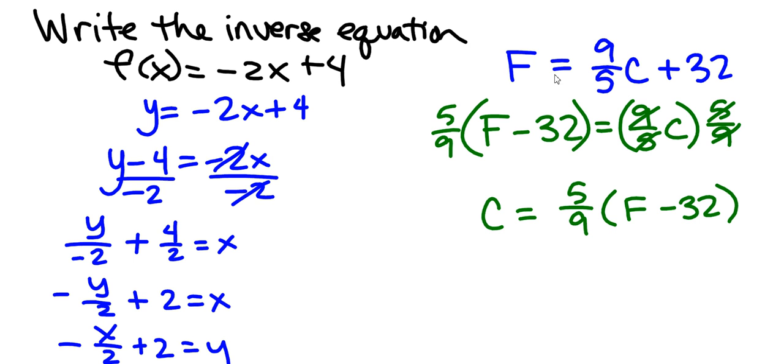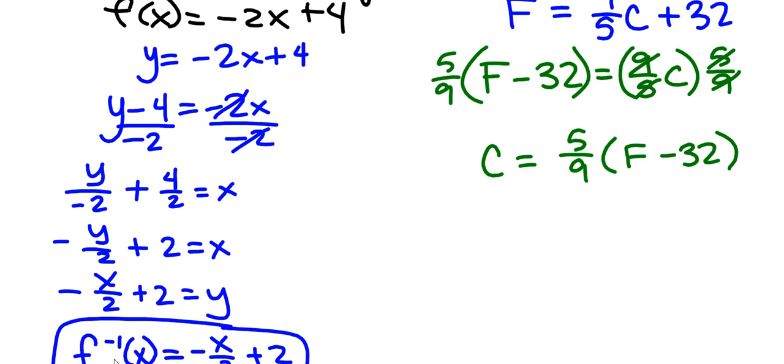Okay, so notice on this one, we're working with real variables that mean something, right? We have real variables on the first one on the left, but our x and y are pretty arbitrary, where the C and the F stand for Fahrenheit and Celsius. So when we were working with our f of x equals equation on the left side here, at the end, we wanted it to be written in inverse notation like this. So f inverse of x. So therefore, we had to switch our variables at the end.